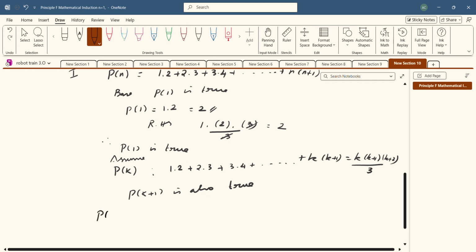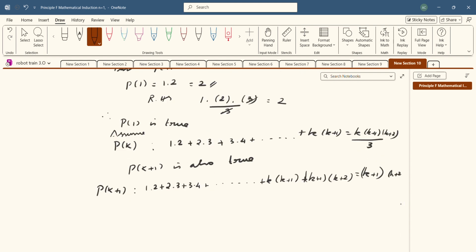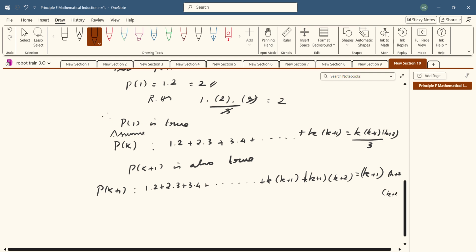So what is P of k plus 1? P of k plus 1 is nothing but 1 into 2, 2 into 3, 3 into 4 and so on, plus k plus 1 into k plus 2, equal to k plus 1, k plus 2, k plus 3 divided by 3.